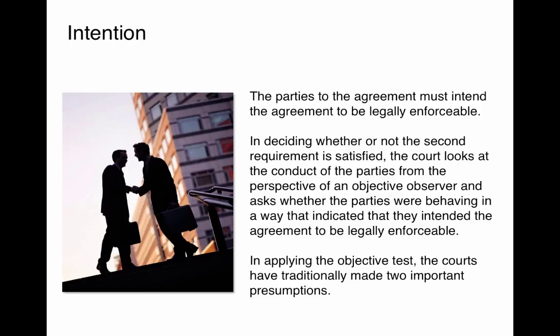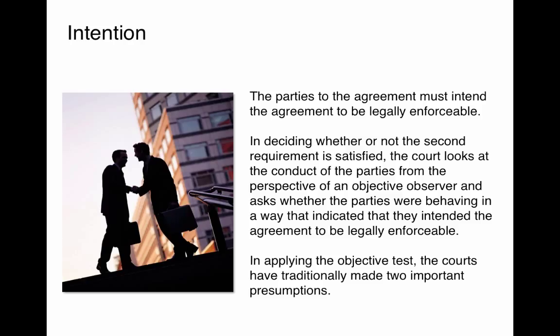In deciding whether or not this second requirement of a contract is satisfied, the courts do not attempt to work out the actual intentions of the parties who made the agreement. Rather, the court looks at the conduct of the parties from the perspective of an objective observer and asks whether the parties were behaving in a way that indicated that they intended the agreement to be legally enforceable.